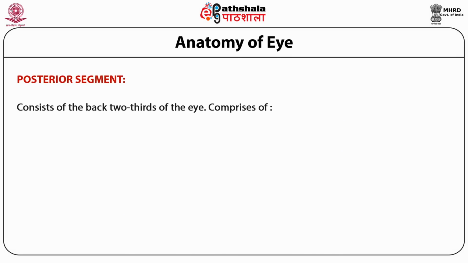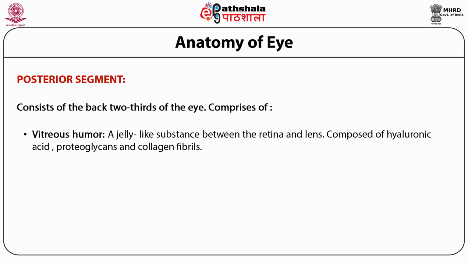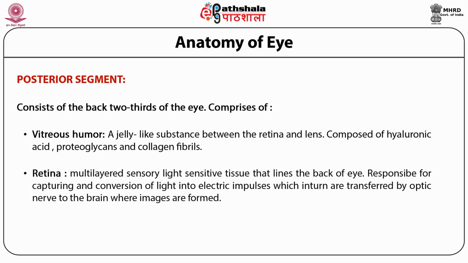Posterior segment consists of the back two-thirds of the eye and comprises primarily of vitreous humor, retina, choroid, and sclera. Taking one by one, the vitreous humor is the jelly-like substance between the retina and lens. It is composed of hyaluronic acid and proteoglycans along with some collagen fibrils. Retina is a multi-layered sensory light-sensitive tissue that lines the back of the eye.